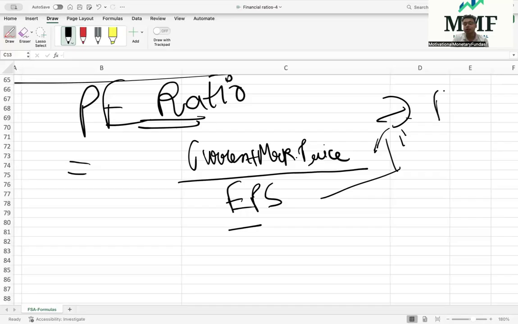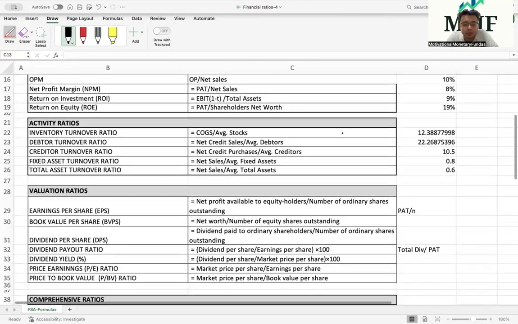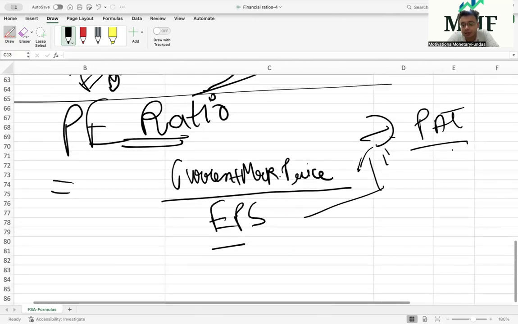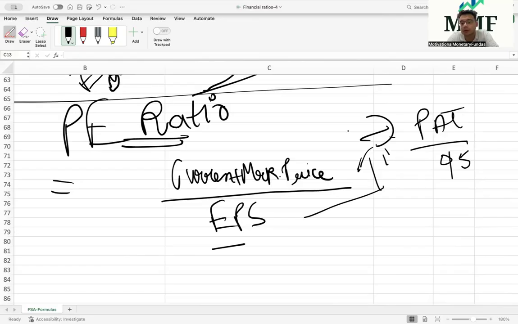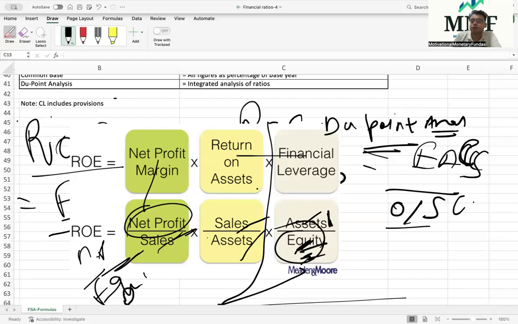And the EPS formula is nothing but your profit after tax, right? By the outstanding shares. Even if you see here, I mentioned earnings per share: net profit available to the equity holder by the number of outstanding shares. Correct? Number of outstanding shares. So PAT divided by your outstanding shares. Whereas in your ROE formula, this was more of the total value of shares, a total equity funds.